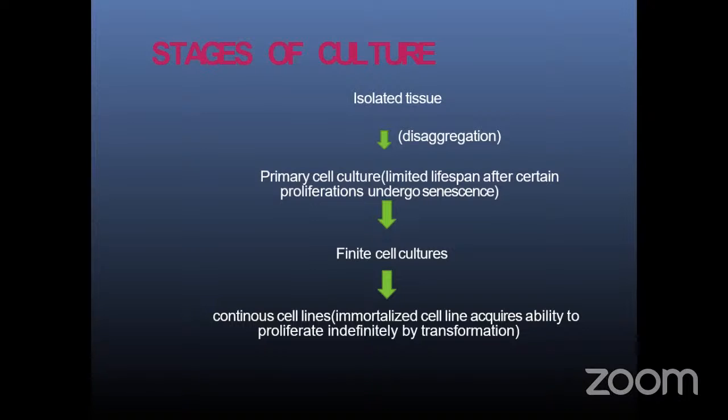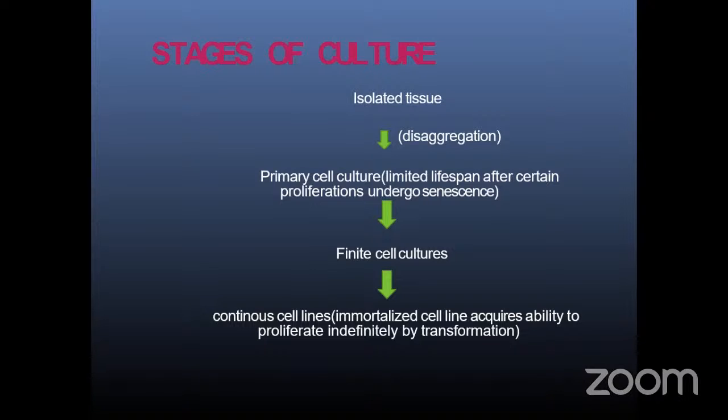Continuous cell lines means they are immortalized. You can culture them any number of times, especially cancer cells, which undergo transformation. Yesterday, if you remember, I told you about HeLa cells. A woman called Henrietta Lacks was diagnosed with cervical cancer in 1952.